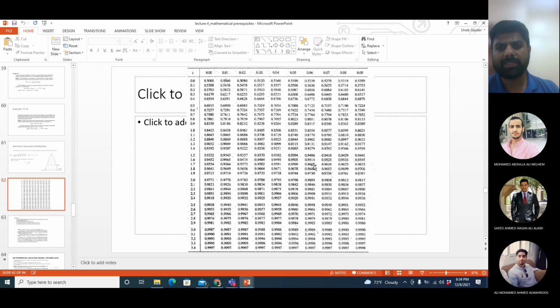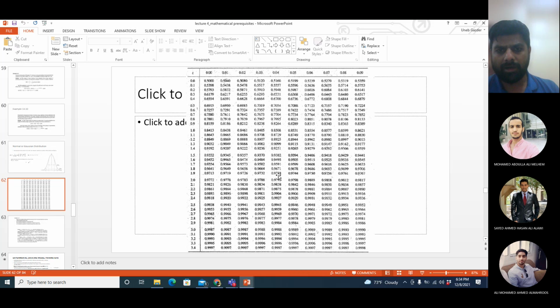Okay, so this is a Z table, and these are the probabilities. If you select alpha as 95%, then 95% is between these two values. How do you read the values? The first two digits from the first column and the second decimal place from the top row.